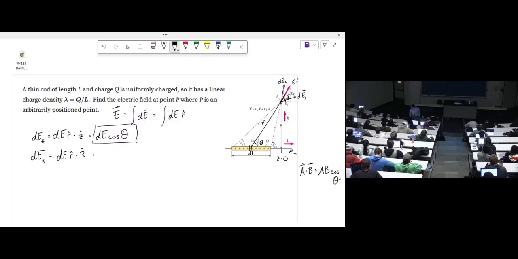And that's going to be dE times the cosine of, I'm going to call this angle right here, phi. And the sine and cosine of complementary angles are the same, so that would be dE times the sine of theta.